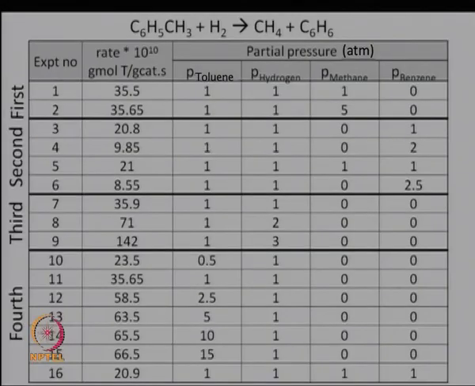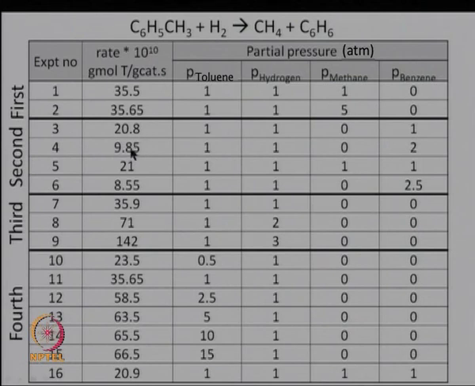So, next let us look at the dependence of the reaction rate on benzene. If you look at the second set, that is runs 3, 4, 5 and 6, you can see that there is a significant effect of benzene on the reaction rate, particularly if the partial pressure of benzene is increased, then there is a decrease in the overall reaction rate.